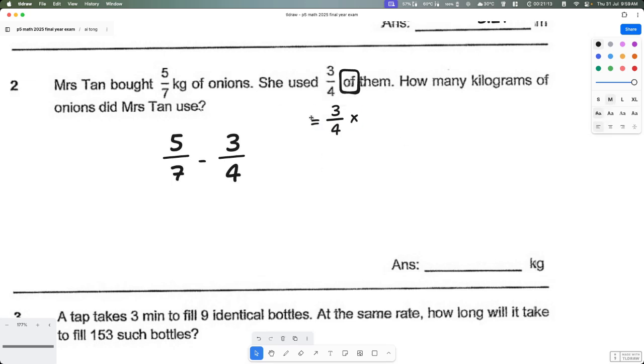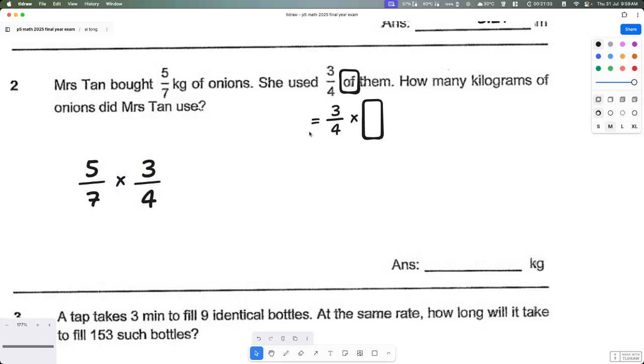So instead of 5 over 7 minus 3 over 4, this should be times. It doesn't matter where you place the 3/4 or the 5 out of 7, but you just times and then it will still work. So we can just times each other.